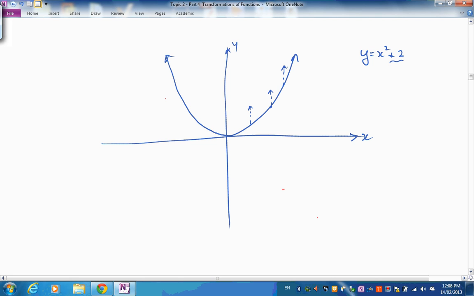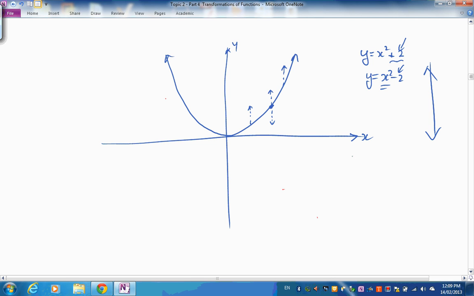I think you can probably see that one. And if you had y equals x squared take 2, after you've calculated x squared, and that's getting this point, you have to take 2. So it's going to be below. This number is going to be subtracted from the y coordinate there. Okay, so I think you can probably get some sort of feeling as to why the addition of that number at the back of the x squared term is going to move it up and down in the y direction.